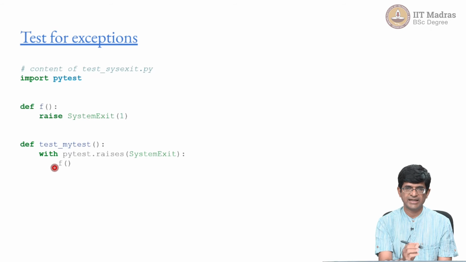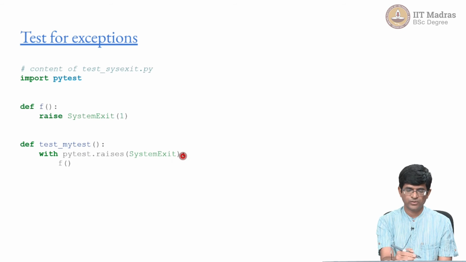Maybe it's an array with 10 elements, and I try to access the 100th element in it, right? It would raise some kind of an error, some index error or something like that, right? And I might write a test that says if I access it with something which is outside of the bounds, it should raise index error.